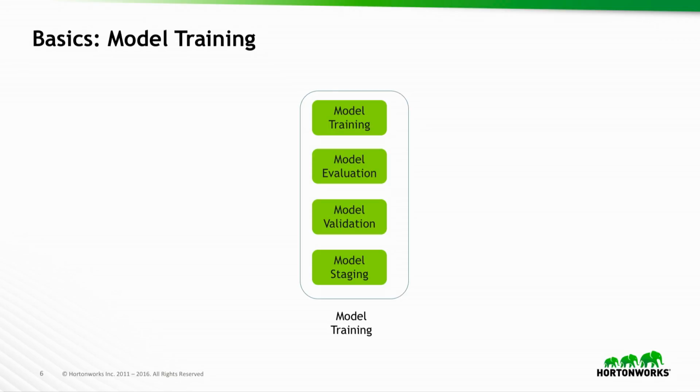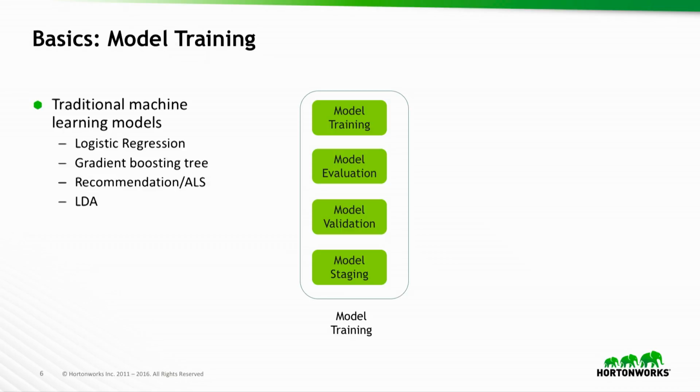This is also a way to get an idea about how the model will work after it finishes. Model validation means once the training is done and the model is saved, we can try giving some real data to the model to see how it works. And once everything is done, we will stage the model, and in the future, we can use this model.